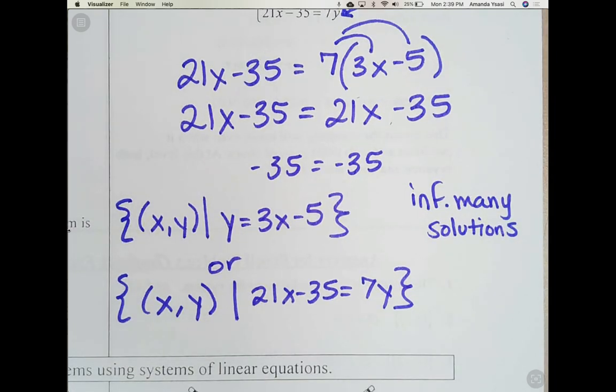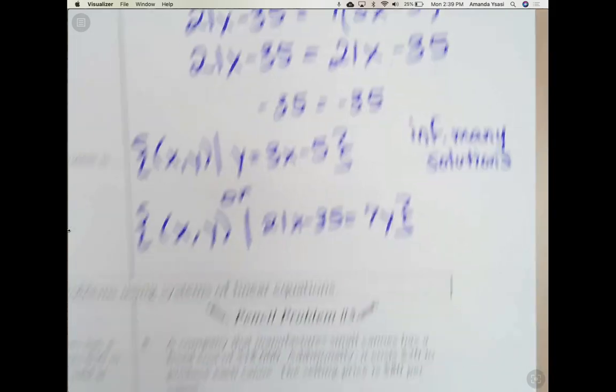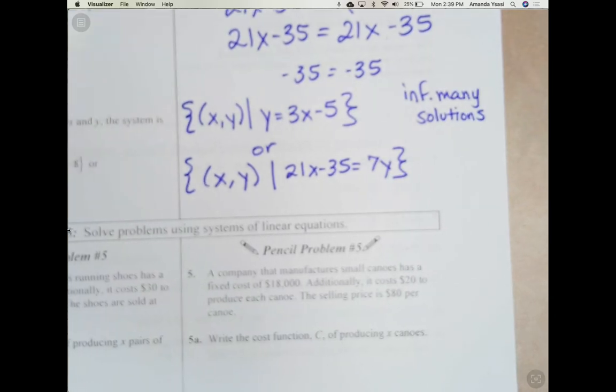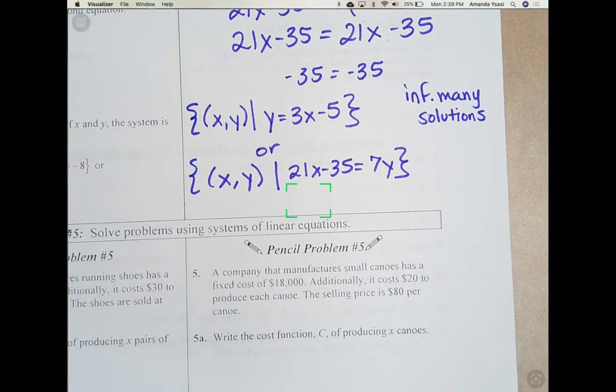Okay, and our last example is a business example. A company that manufactures small canoes has a fixed cost of $18,000. Additionally, it costs $20 to produce each canoe. The selling price is $80 per canoe. Write the cost function.